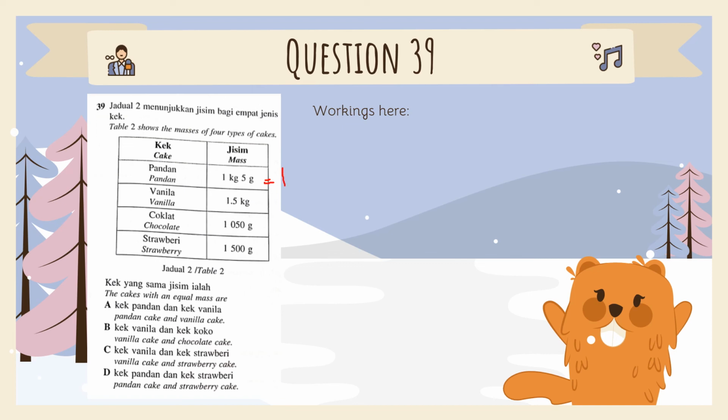So this is 1005 grams. This is 1500 gram. This is 1050 gram. And this is 1500 grams. So which of this cake has the same mass? So it's vanilla and strawberry. So the answer is C, vanilla and strawberry.